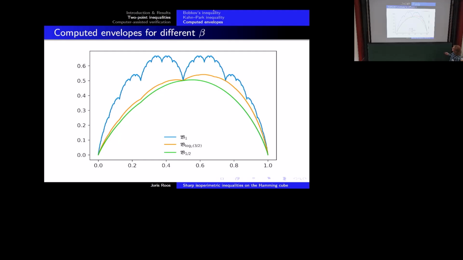Now at beta equals 1/2, we get this green curve. That's the beautiful function we are looking for. We have no idea what it is. But we can get very close to it. And then here's the Kahn-Park function. I'm calling it Kahn-Park function because it's this exponent that they were looking at. But nobody knows also what the shape of this function is.